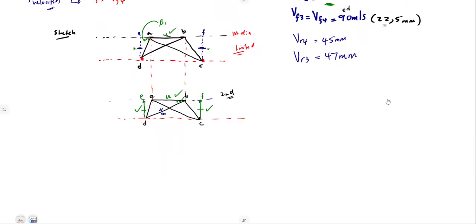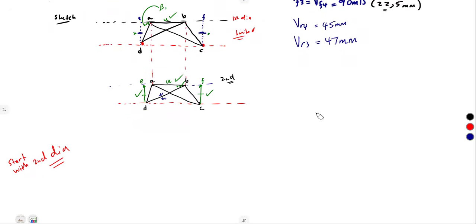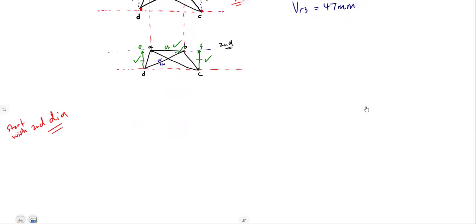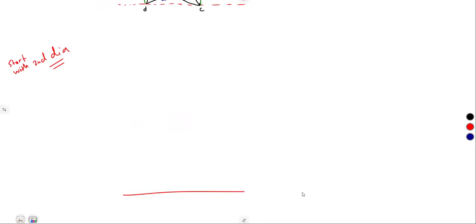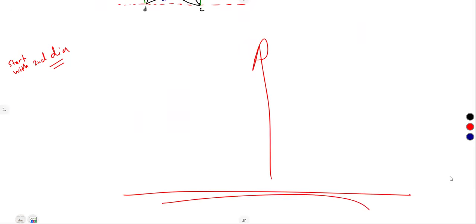So what we are going to do is to work out, or to start with, the second diagram. Since you know that the first diagram is on top and the second diagram is below, you must leave enough space on top for the first diagram, since you're going to start with the second diagram.